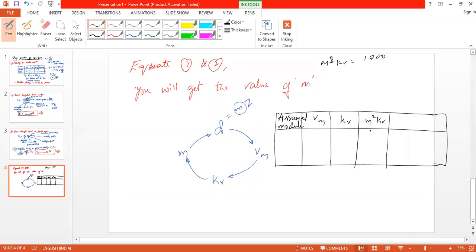Say if you assume the module as 3, you may get m square kV as 900. Then you need to go for the next module. If you assume the module as 4, you may get 1100. Then in that case, you need to choose 4 as the module. Is it clear? Yes, sir.